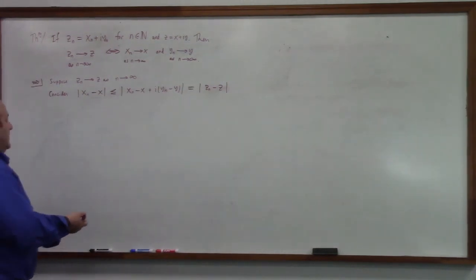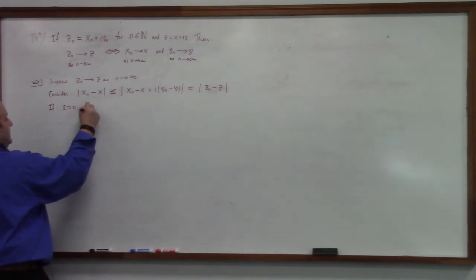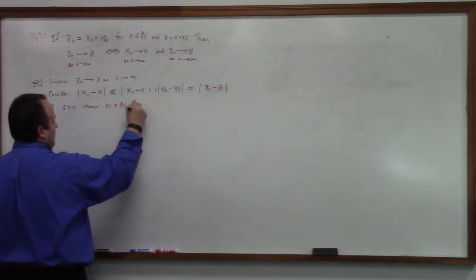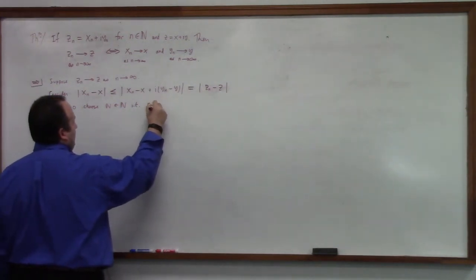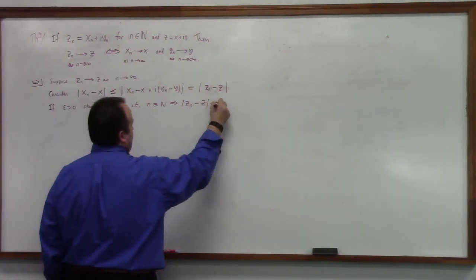So, to complete it, if epsilon is greater than 0, choose N in the natural numbers such that n greater than or equal to N implies modulus of zn minus z is less than epsilon.